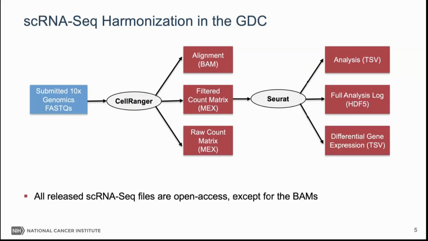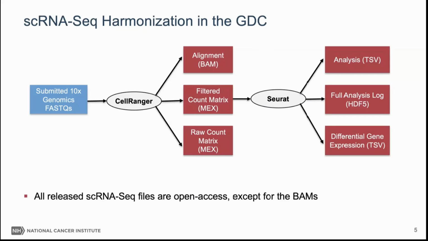The first workflow is the alignment and quantification pipeline, mainly based on the 10x tool called scRNA-Seq. It takes the raw FASTQ file input and generates three main outputs: the alignment BAM, a raw count matrix, and a filtered count matrix.